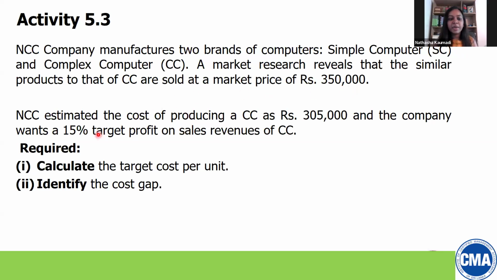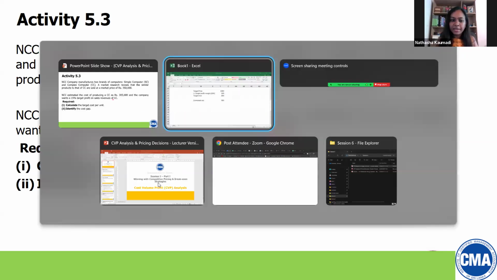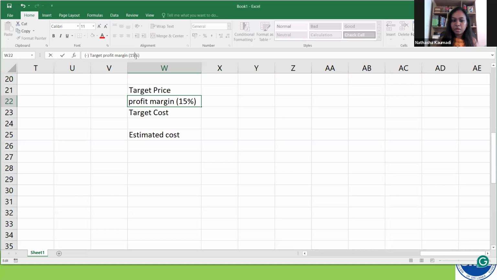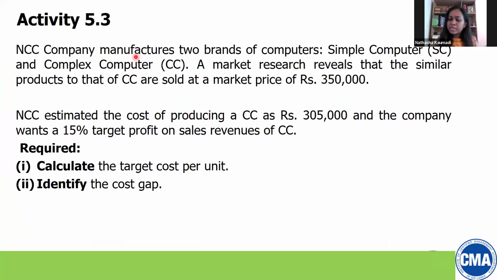So NCC estimated the cost of producing CC is 305,000, and the company wants a 15% target profit on sales revenue of CC. What is the target cost? In that case, the target price would be 350,000.